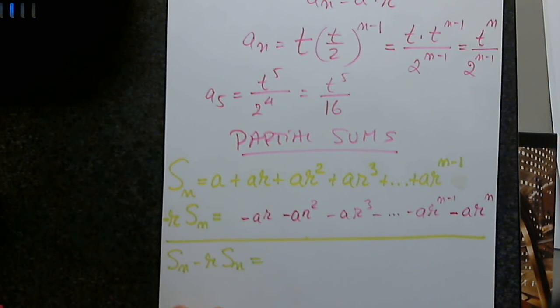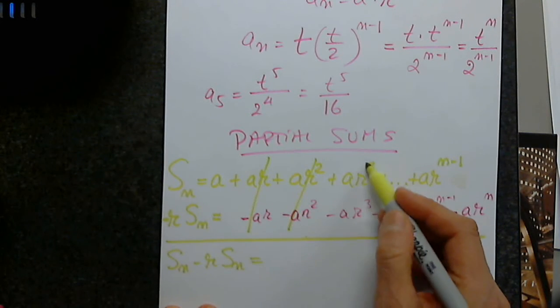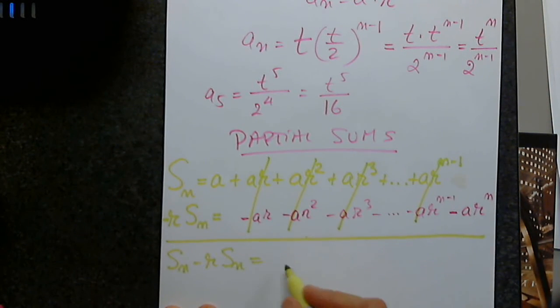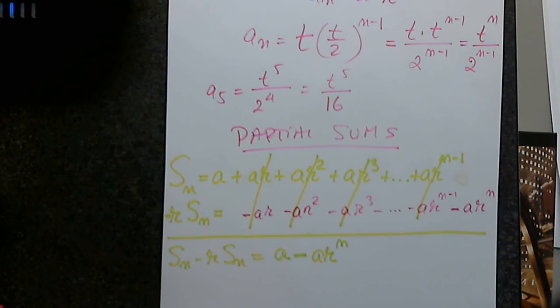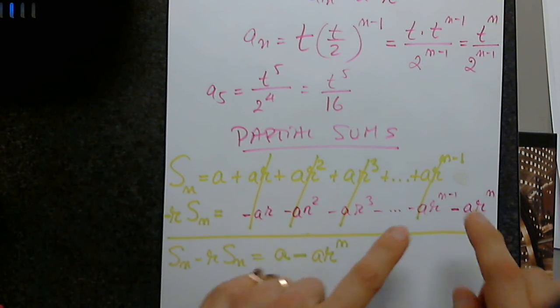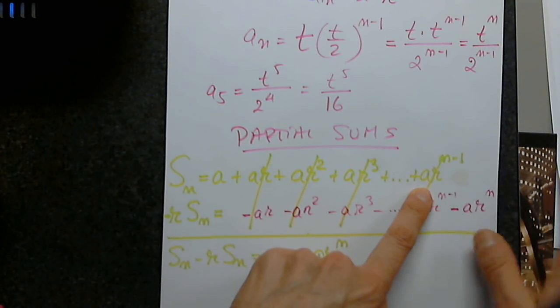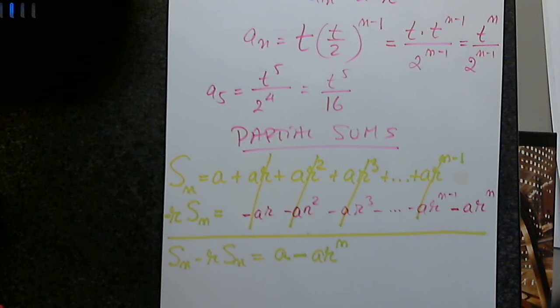And now what is left? Gone, gone, gone, gone. So it's a minus a times r to the nth power. What am I after? Look at all this and say, I know what you're after. You're after the sum of a finite sequence. Why is it finite? Because I don't have plus dot, dot, dot, right? This is not infinite.